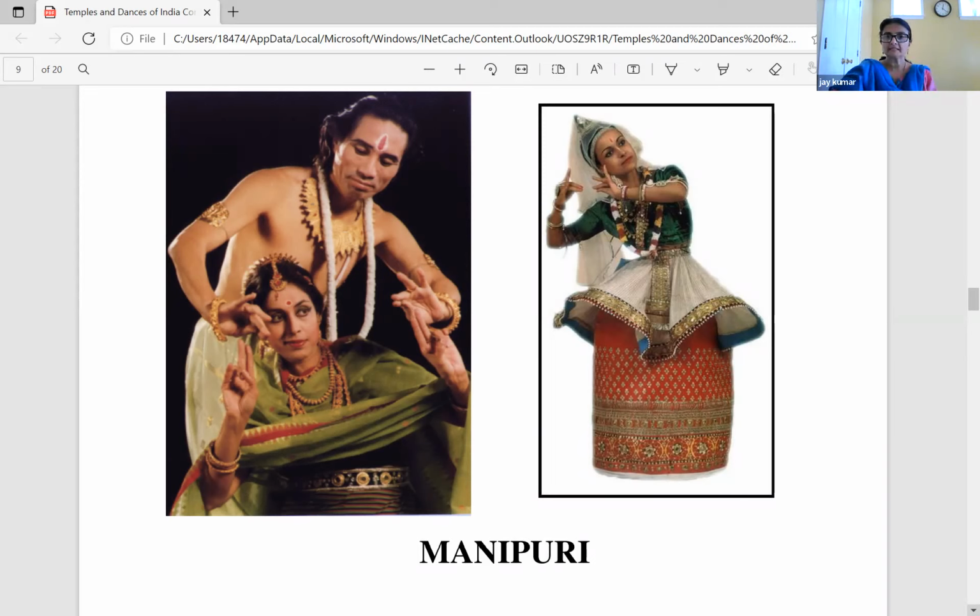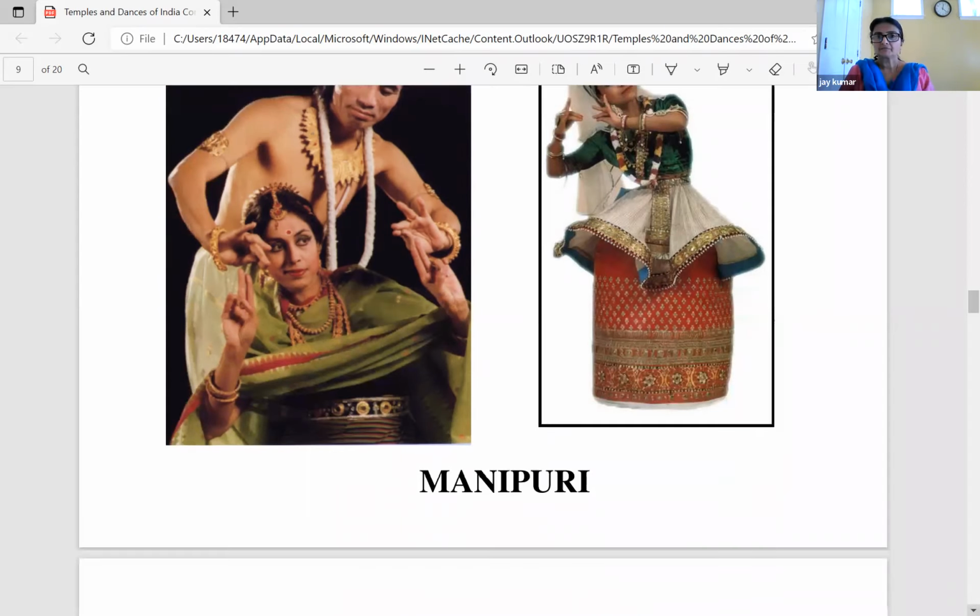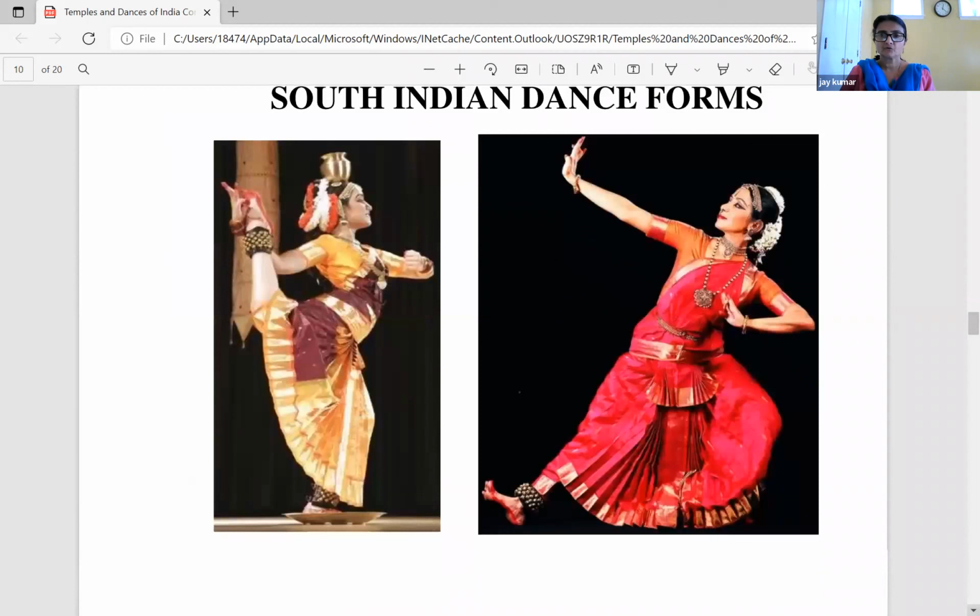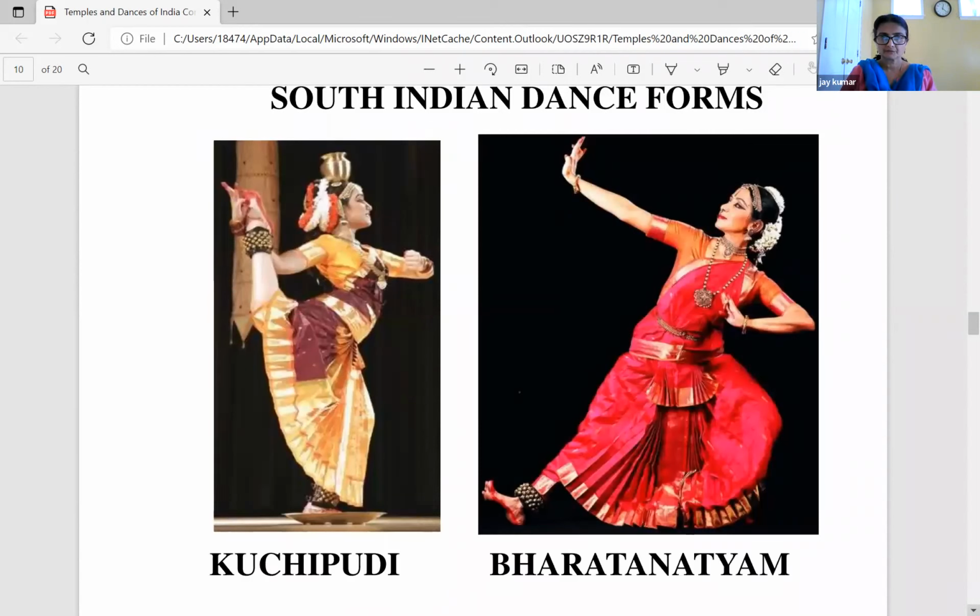And on the right hand, this is also part of Manipuri, where they have very intricate costumes. You can see that her lower skirt is pretty stiff, but she has a top also on it. Next, please. We have 3 North Indian dances and 4 South Indian dance forms.